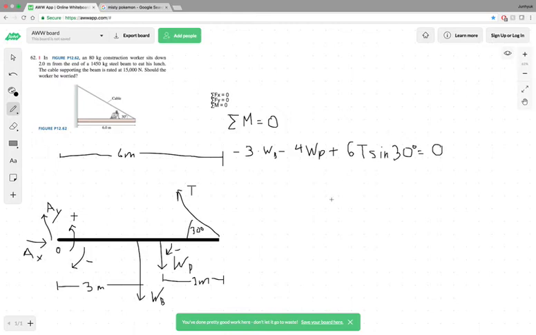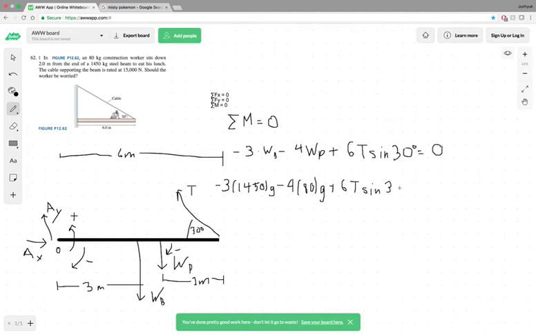So we could solve this equation for this T. Now, writing this out, we have minus 3 times 1450 times g minus 4 times 80 times g, and a positive, because the moment is counterclockwise now, 6T times sine 30.